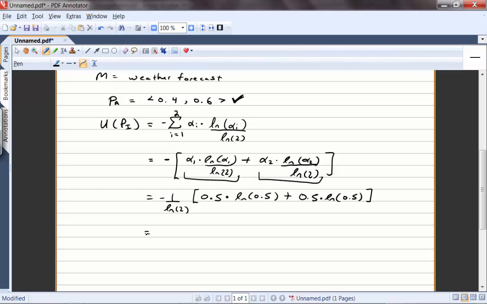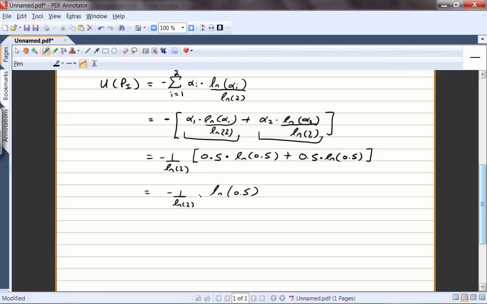So we have negative 1 over natural logarithm of 2, and then that's just 2 times 0.5 times the natural logarithm of 0.5. And 2 times 0.5 is just 1, so we're left with 1 times natural logarithm 0.5.